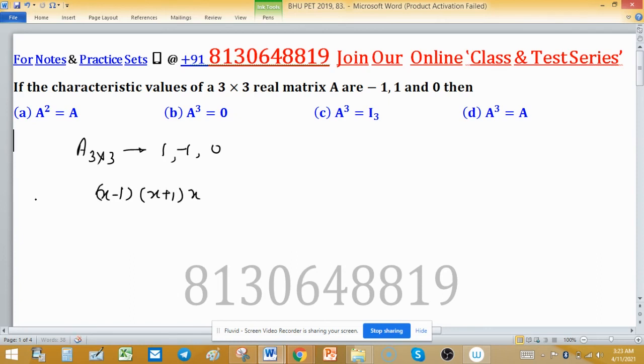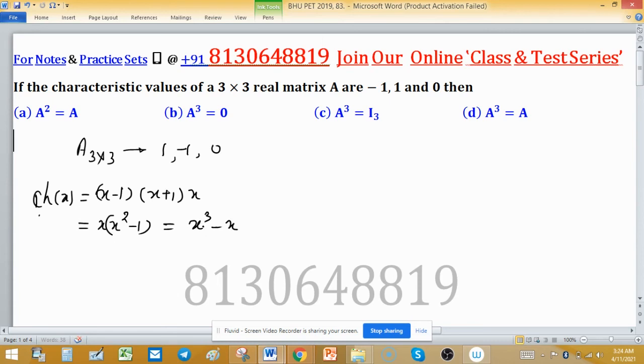This is the characteristic polynomial. So you can write ch(x), ch for characteristic, and this is in the variable x. This is (x square minus 1) x, so x cube minus x. This is the characteristic polynomial.